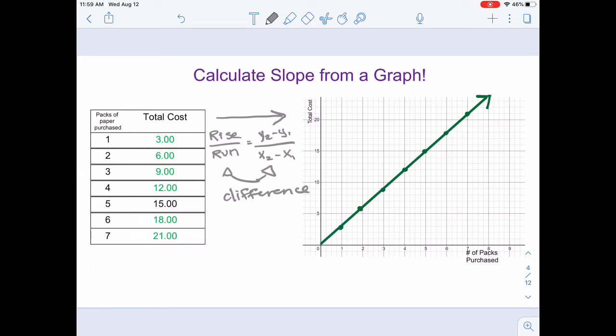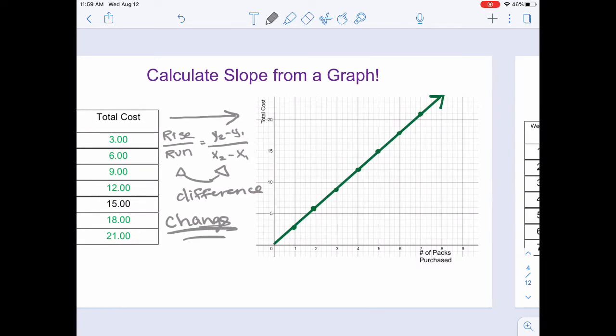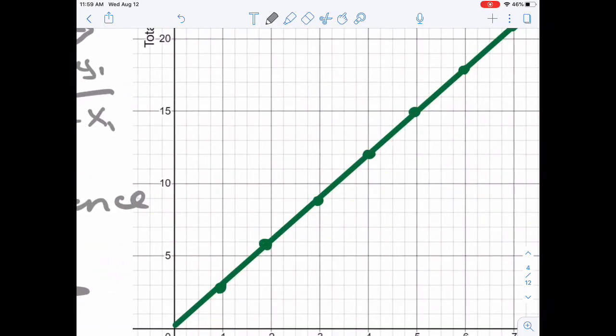I'm trying to find how much change occurred. So let's just pick any 2 points. Here's one, here's another one. And we're going to use our rise over run.